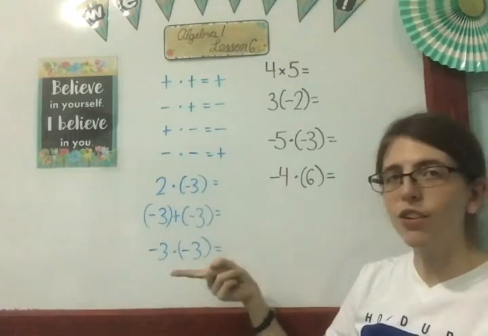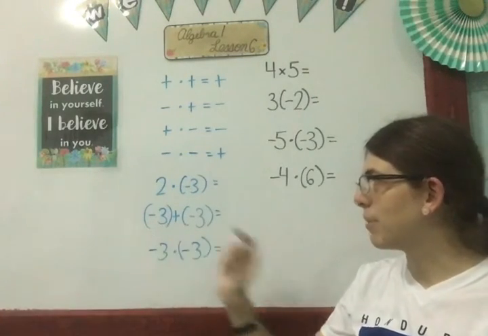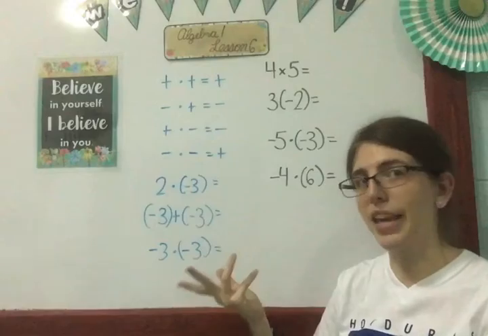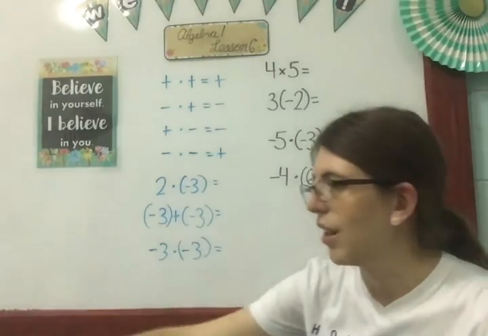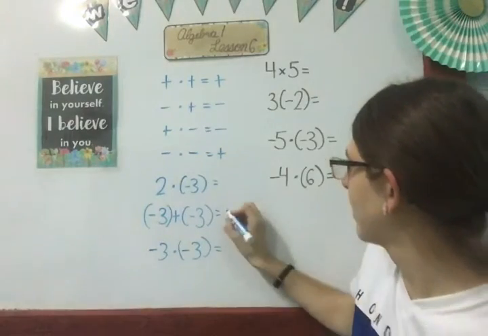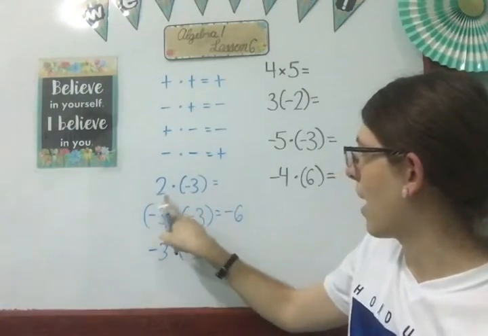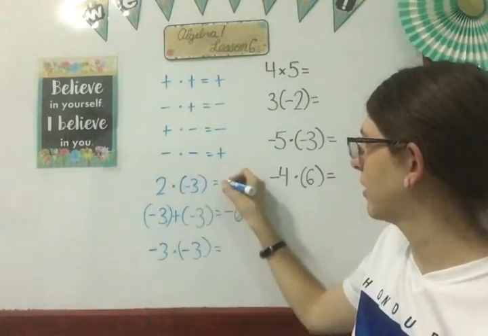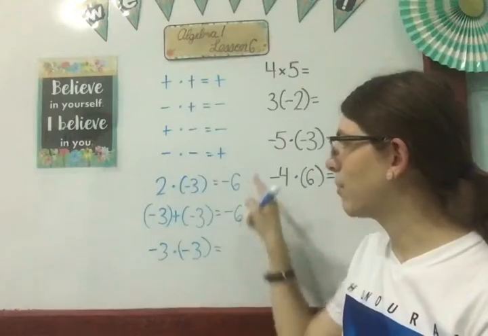We've already learned our addition rules: you add your numbers and you keep your sign, since my signs are the same. 3 and 3 is 6. Keep my sign, which is negative, so I have negative 6. And that matches with my rule. Positive and negative, 2 different signs, so my answer is negative. 2 times 3 is 6. So that's why it works.